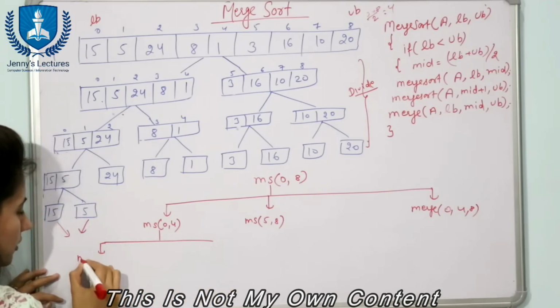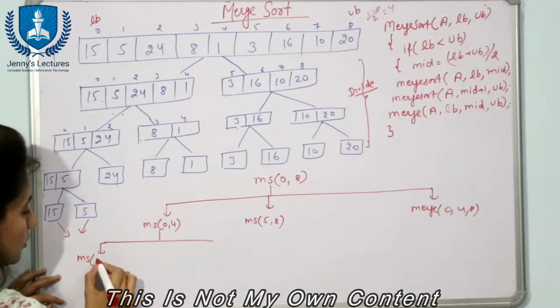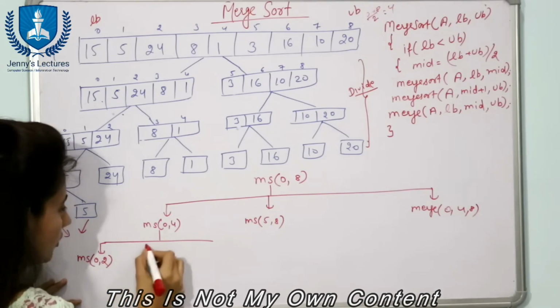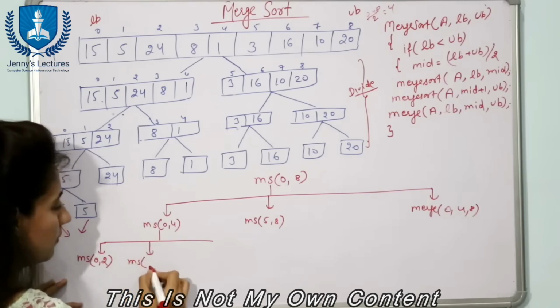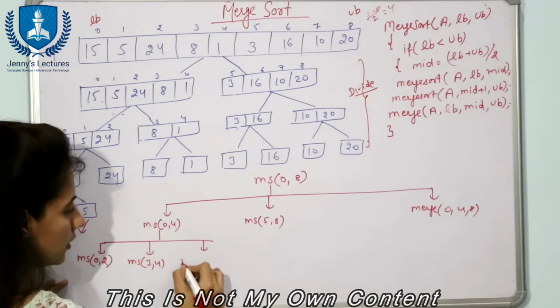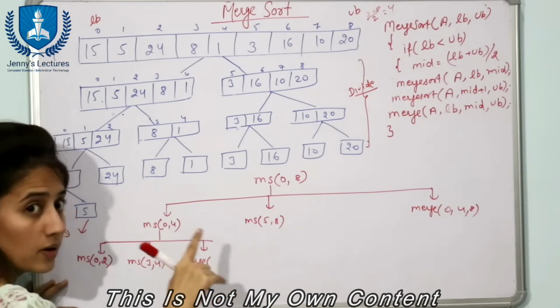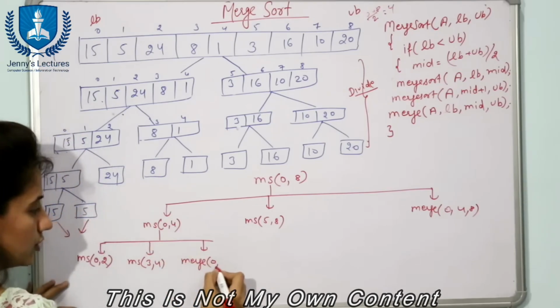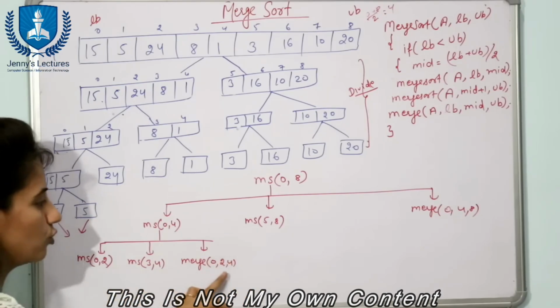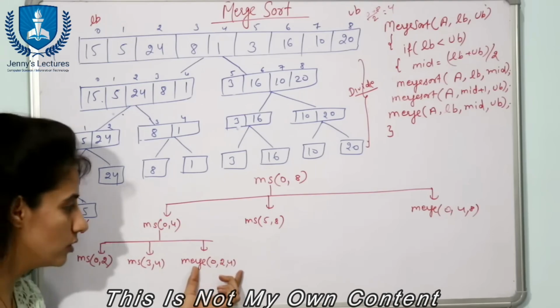Now see, ms 0 to 2, mid is 2. Now here again ms 3 to 4. Now here we have merge 0, then mid is 2, then 4, 0 to 2 and then 3 to 4. We are going to merge these two halves.